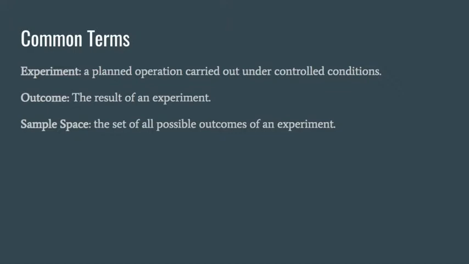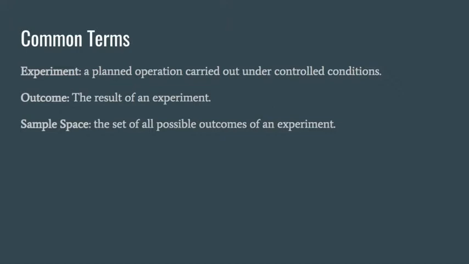So, for example, an event might be drawing a single card out of a normal 52 card deck, but the outcome might be the full 5 card hand that you have when you're playing a game. Okay, so what you get on one card might be an event, what you get in the full hand would be an outcome. So there's just to kind of hopefully help you understand that difference.